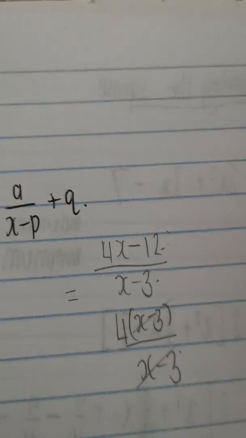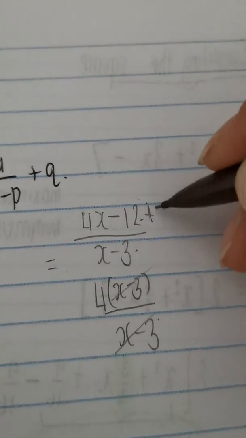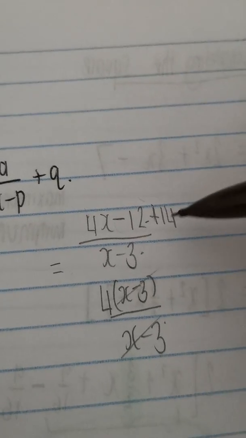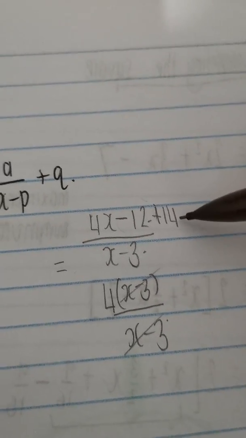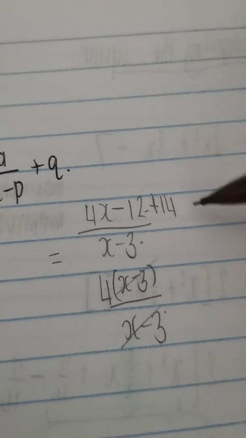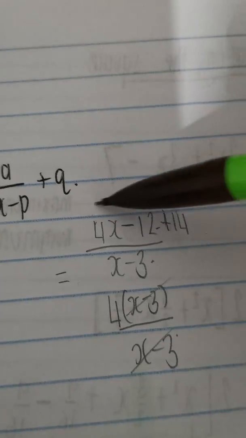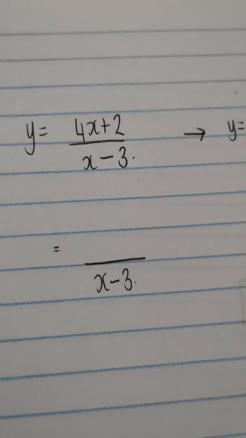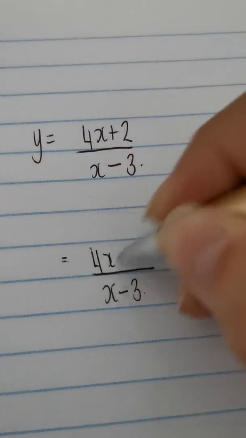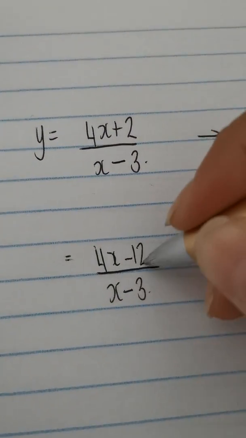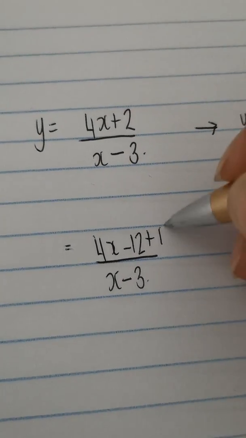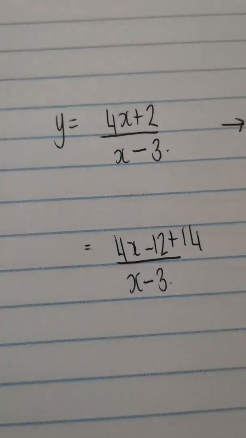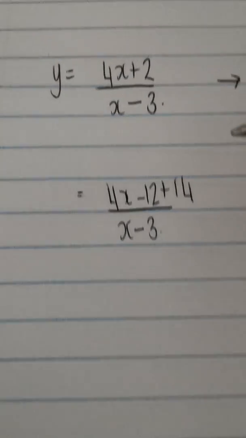And that is going to be negative 12 plus 14. If I have plus 14, I know that this is going to give me, what is that? Positive 2. So I'm going to copy this part over here, and it's going to get copied over here. So this becomes 4x minus 12 plus 14. Sorry, it's really big numbers because I just picked random numbers to explain this.